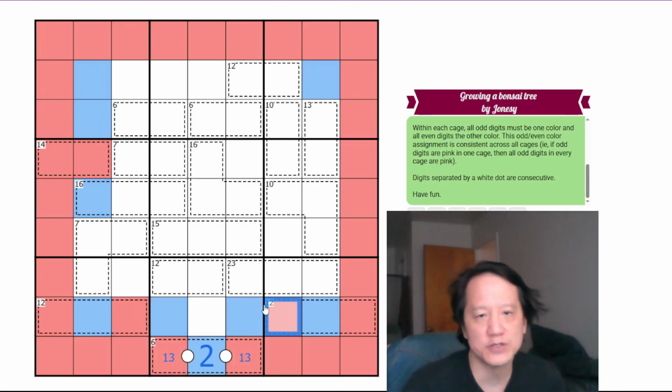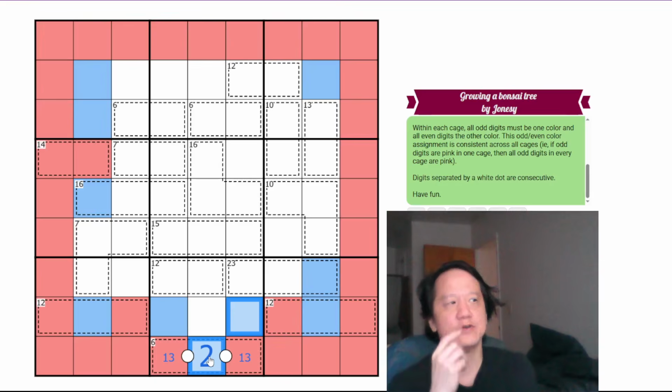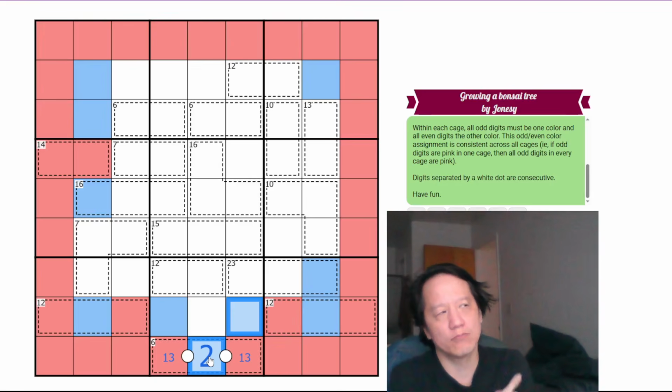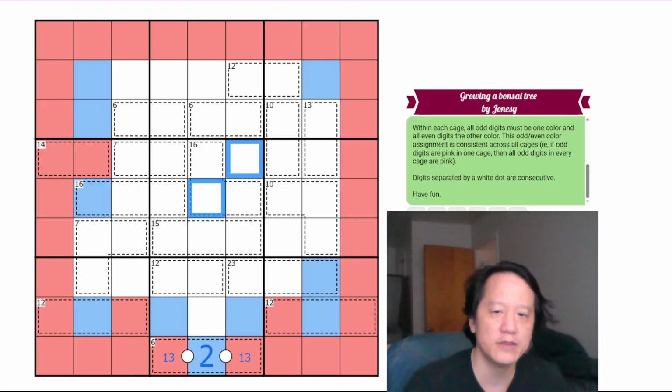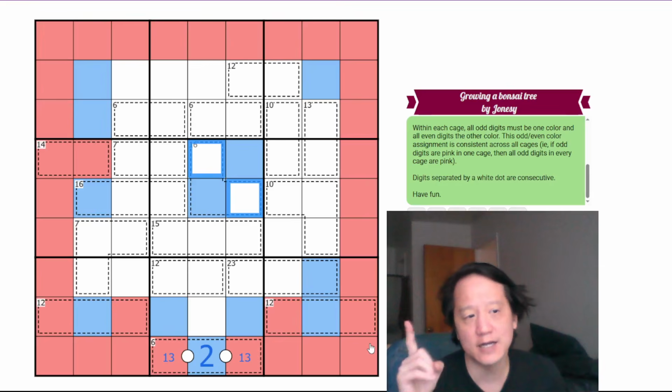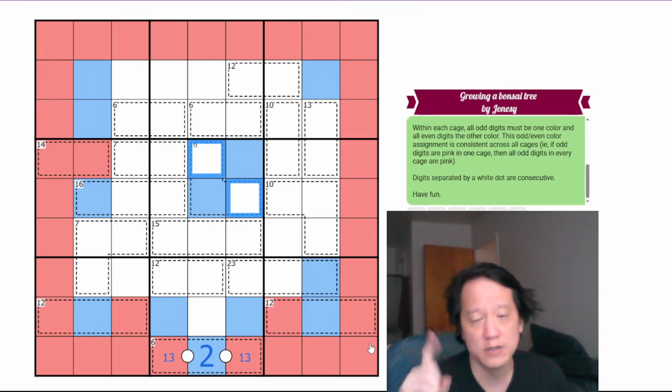Now, okay, so this blue area has to exit out to orthogonally connect to the rest of the blue area. Now, this is another deduction you can make about yin-yang shading, that if you have a diagonal that's one color, the other cells on the other diagonal cannot be the same shade.